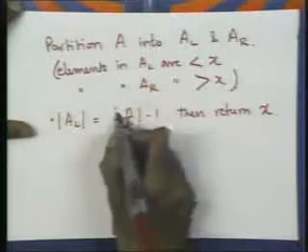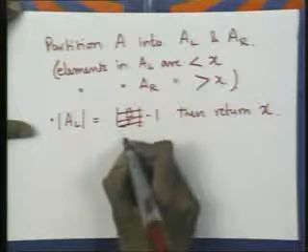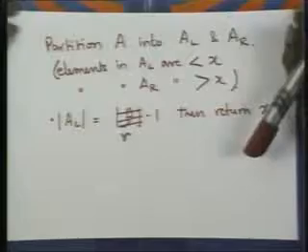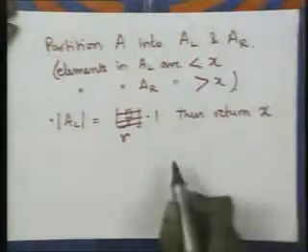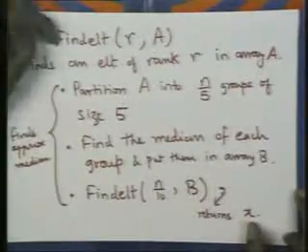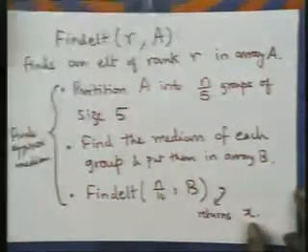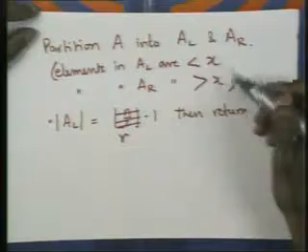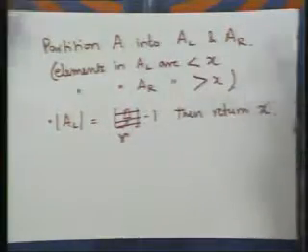Size of AL should be R minus 1, since we are looking for an element of rank R, not just the median, right? If the size of AL is R minus 1, then the rank of x is nothing but R. So x is the element of rank R and we return x.